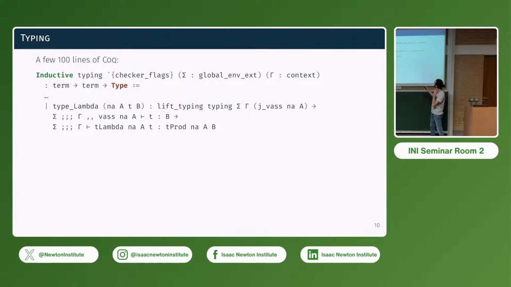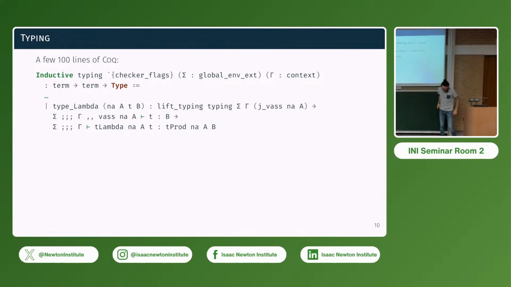Yeah, sorry. This is just our notation for our judgment. So this is inductively defining this typing judgment, and this is just notation for this judgment. So this is literally typing Sigma, Gamma, this thing, T and B. Because there's a where clause here at the very end that tells you that.